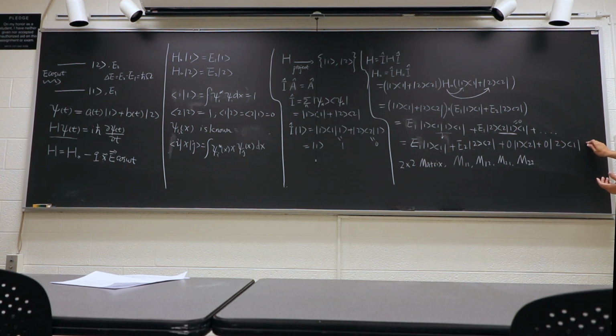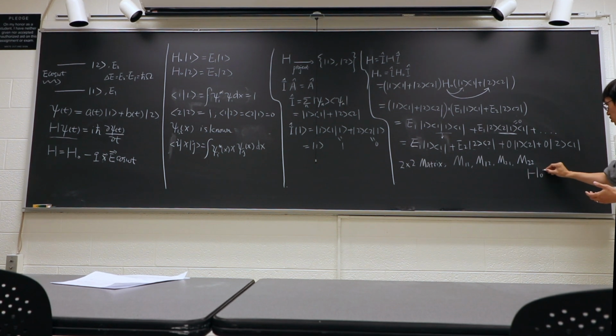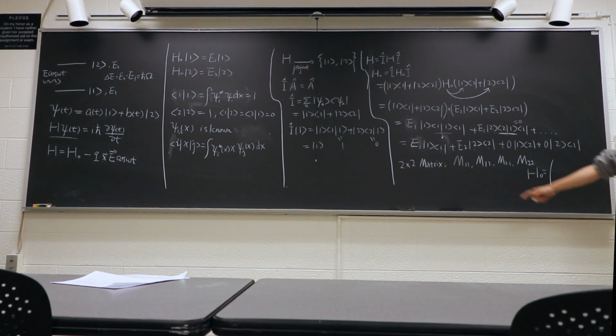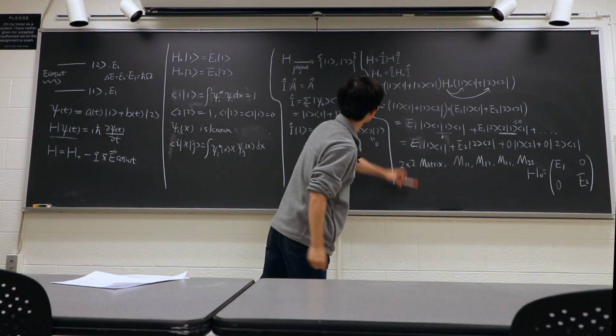In a lot of ways, it's easier to write down a matrix than to repeat all these labels. So from here, we can write H equals: 1 1 is E1, 1 2 is 0, 2 1 is 0, 2 2 is E2. So you get the matrix form of your Hamiltonian H.